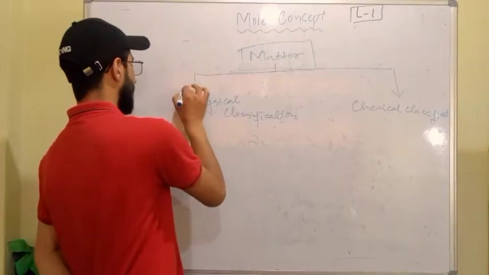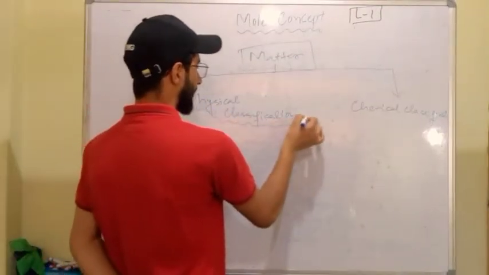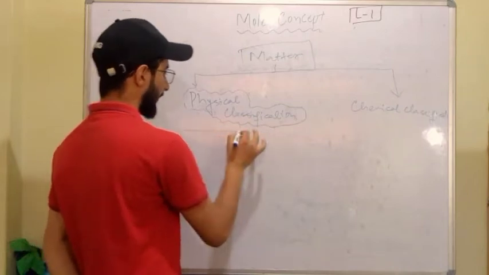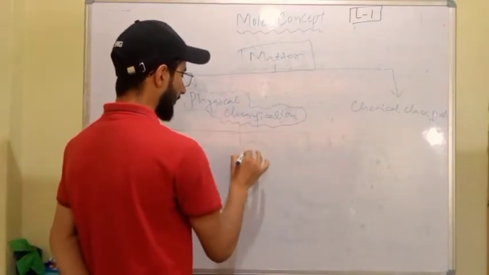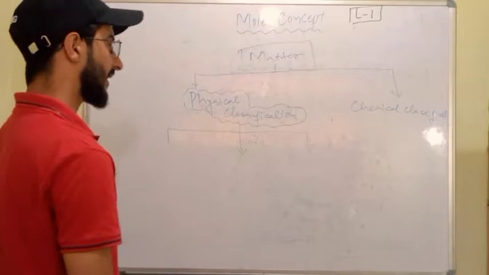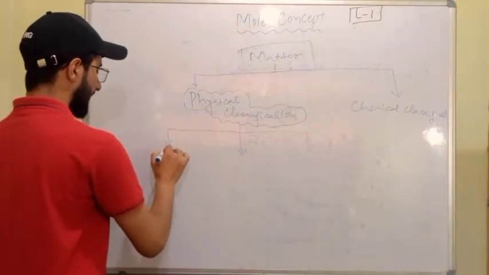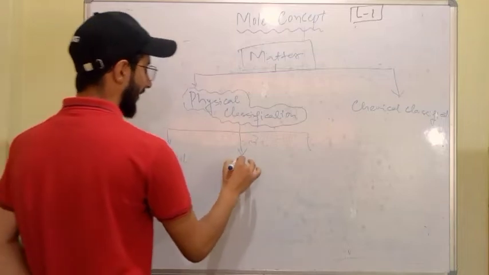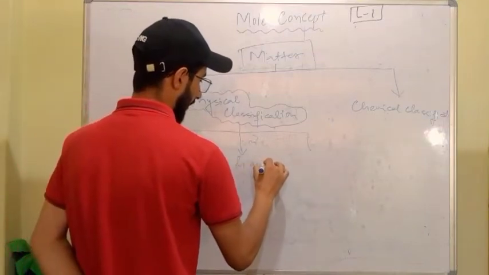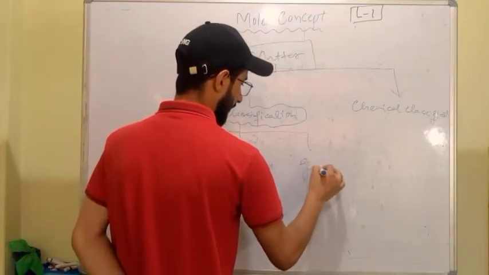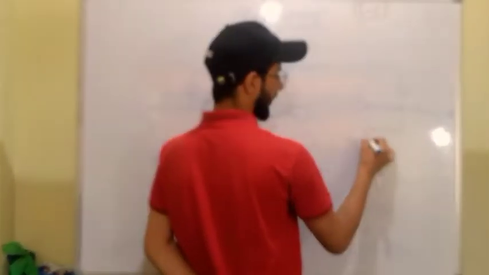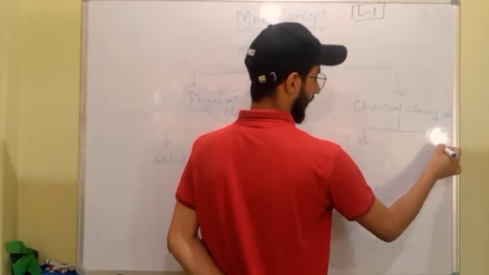In the physical classification, we divide matter into three different subclasses on the basis of physical state: solid, liquid and gas. And in the chemical classification, we generally divide it into two subclasses.